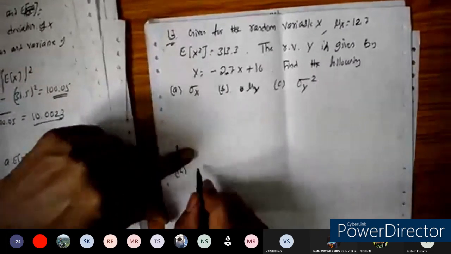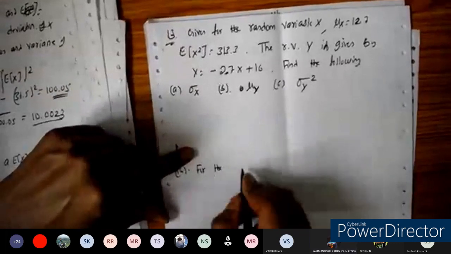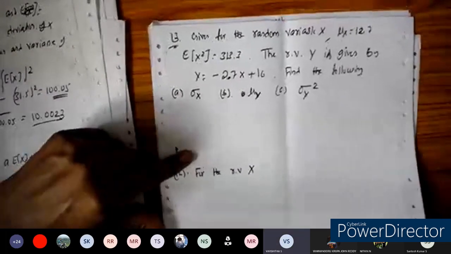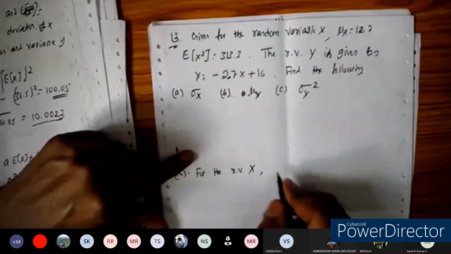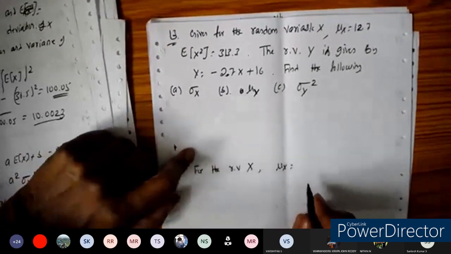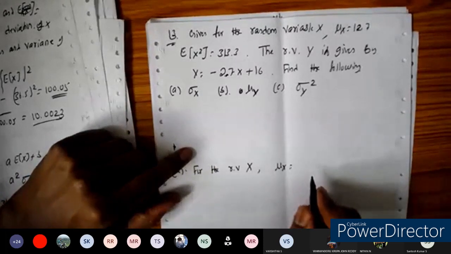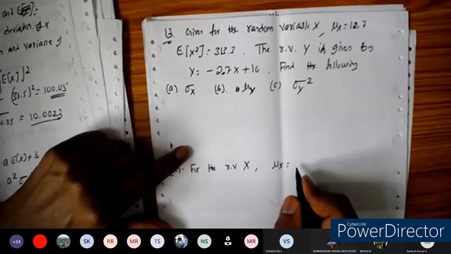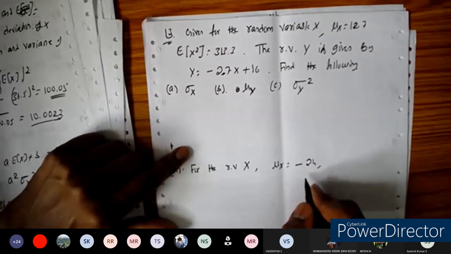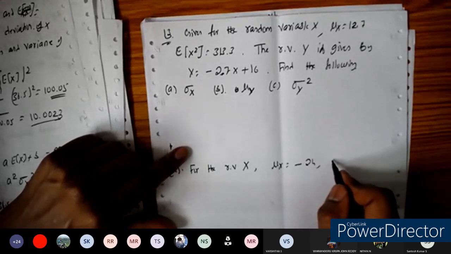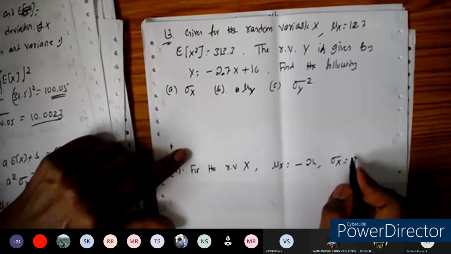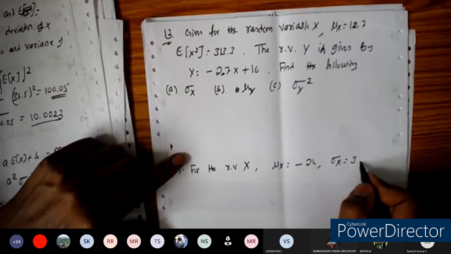Take the next problem. Any doubts? No, sir. Okay, fine. For the random variable x, mu x is equal to minus 24 and sigma x, the standard deviation, is 3.